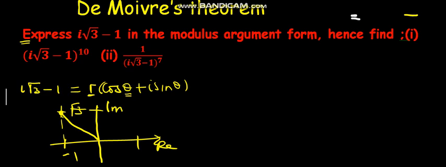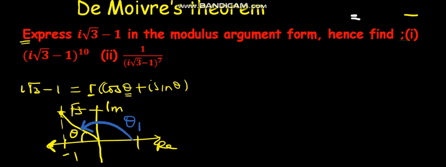We shall need to find θ, but this is not our argument, because it starts from the negative x-axis. So we shall not take that argument. We shall take the argument from the positive x-axis going to the line, and it shall be θ1.